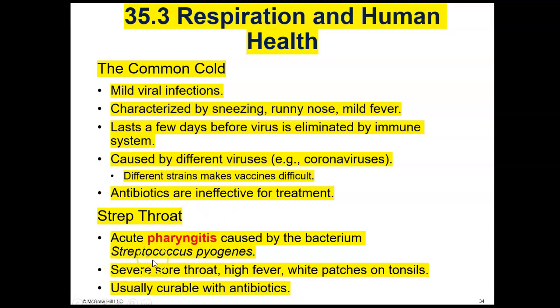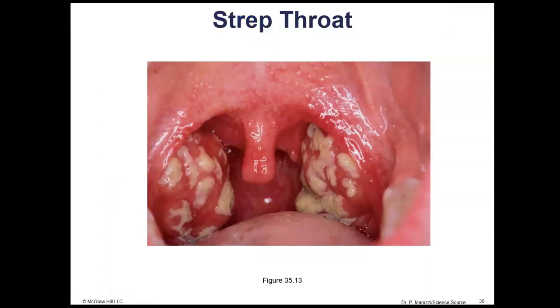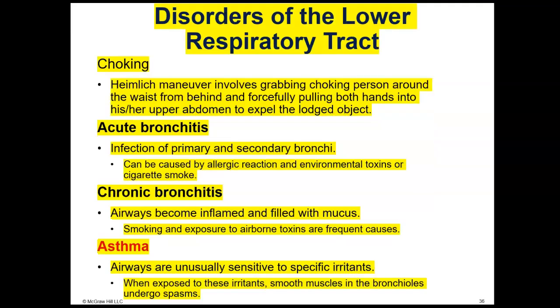The bacterium is called Streptococcus pyogenes, and it causes a severe sore throat, high fever, and white patches on the tonsils. And usually antibiotics can take care of the strep throat. That is a picture of someone who has a strep throat infection. Tonsils are bright red, and then they have those white patches on them.